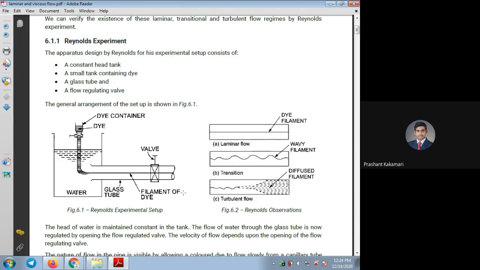Then later on, once you increase the velocity of the liquid by opening the valve more and injecting the dye again, what happens? After some distance, the fluid starts mixing. The fluid starts moving in different directions and leaves the path of the center.